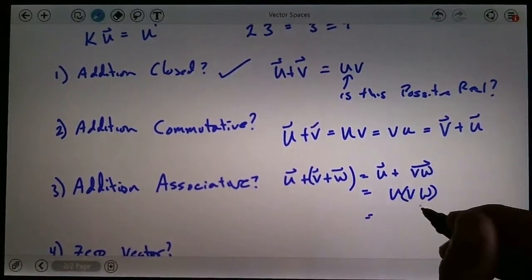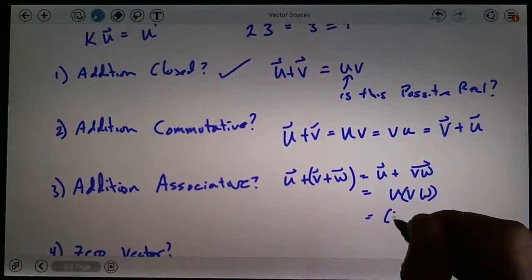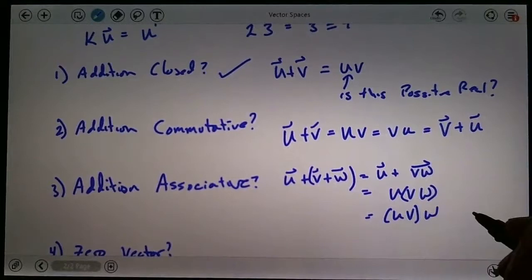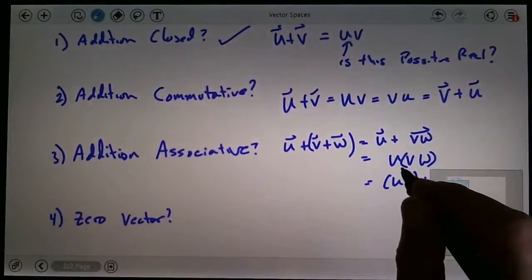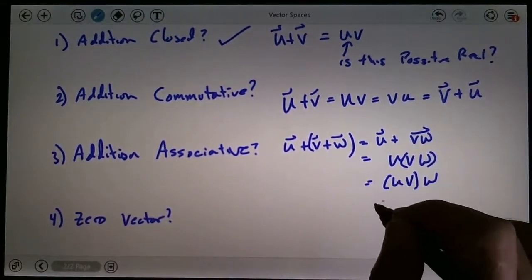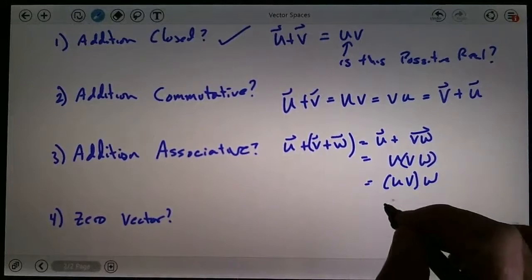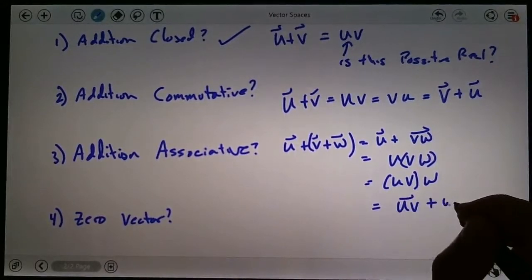which, this is now all just real number multiplication. So this is u times v times w, because multiplying real numbers is associative. Outside the parentheses, this would be the same as the vector uv added to the vector w.